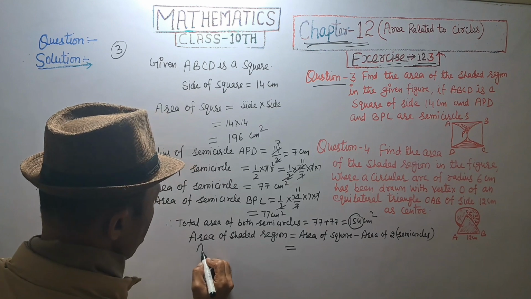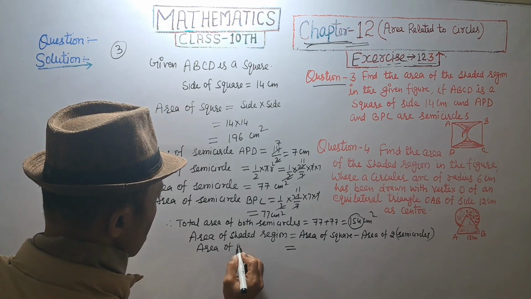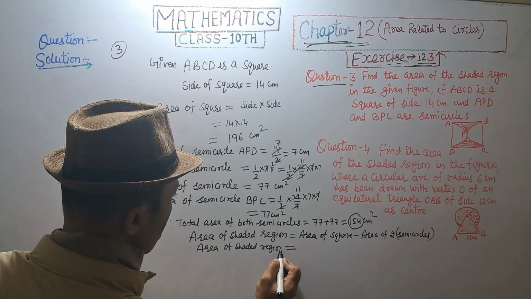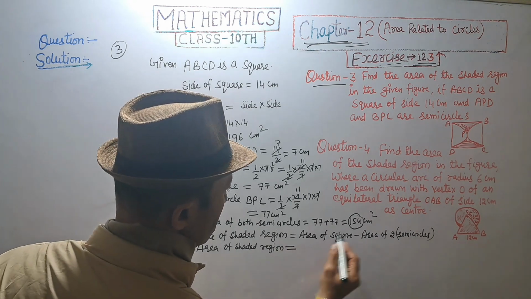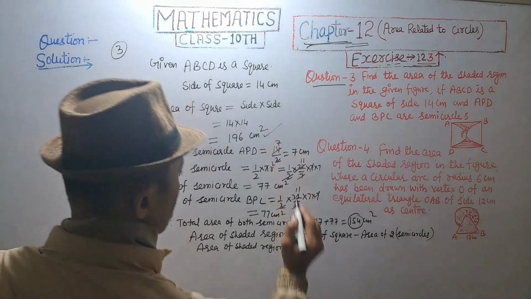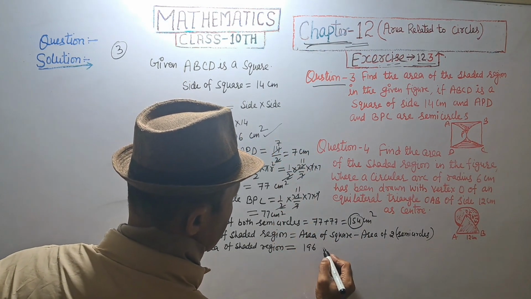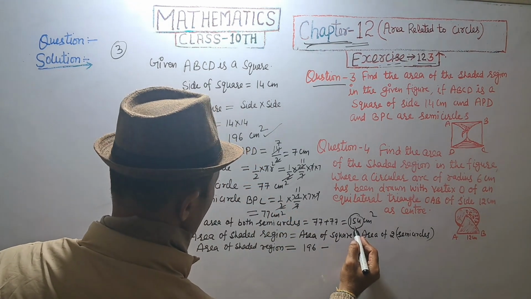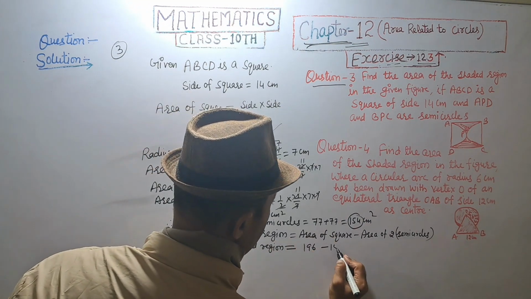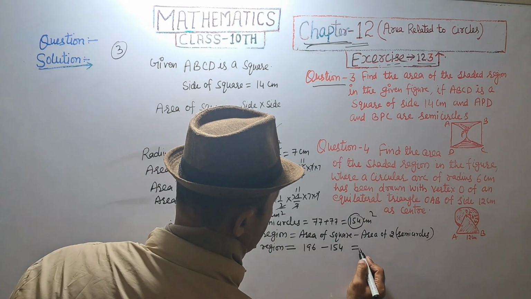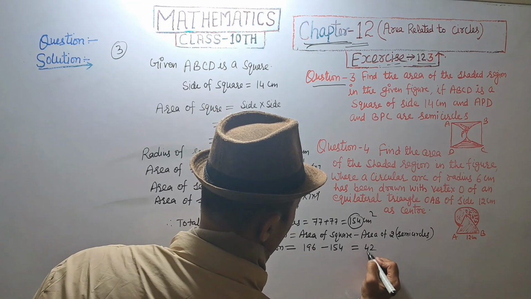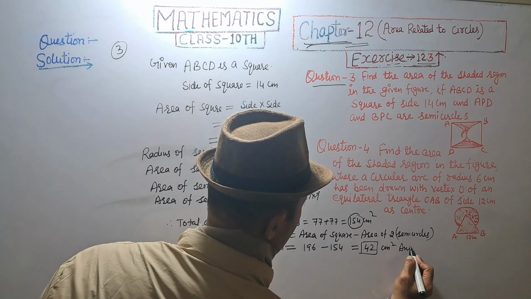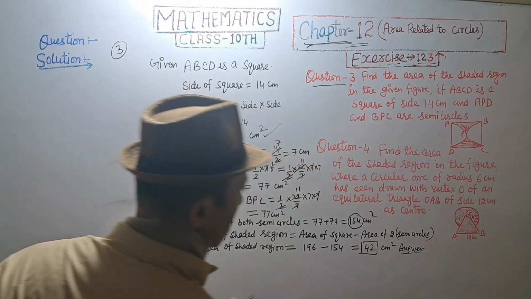That is, area of shaded region is equal to area of square is 196 minus area of two semicircles is 154, that is equal to 42 centimeter square. Answer.